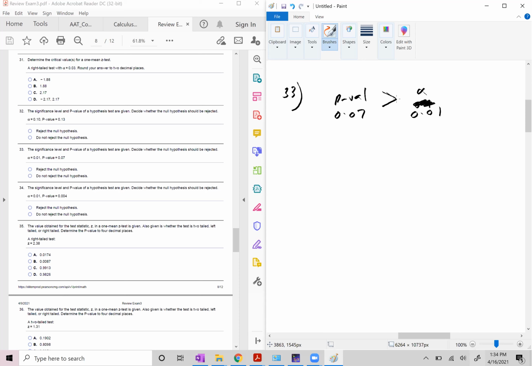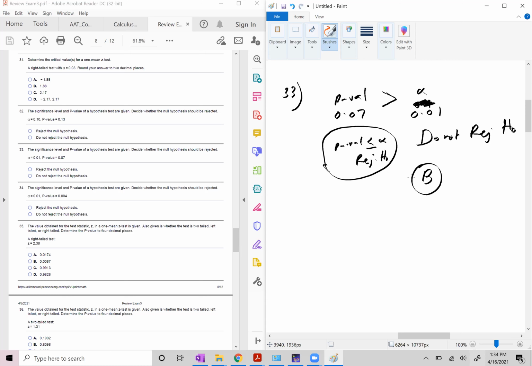It's again this way, right? P-value is higher, 0.07 is higher than 0.01. So if p-value is less than or equal to alpha, we reject. Always remember that. Here it's the other way, so again do not reject the null. So the answer for 33 is B again. B means the second answer.